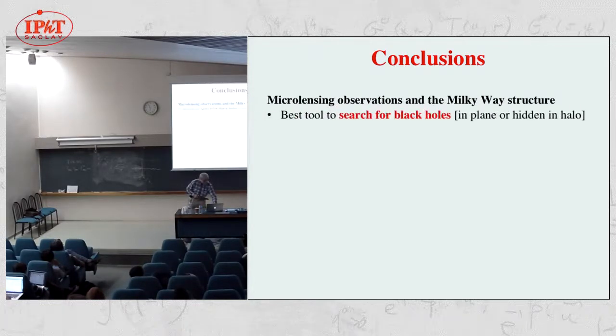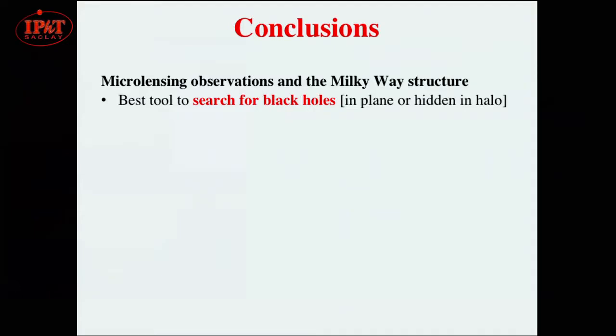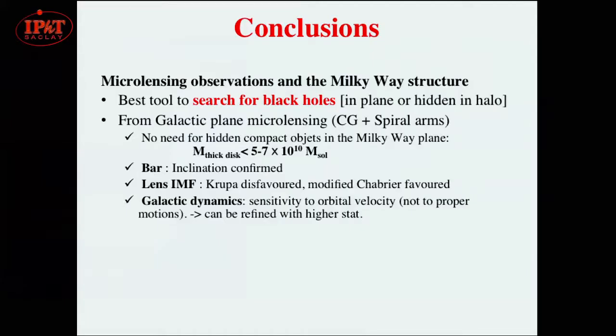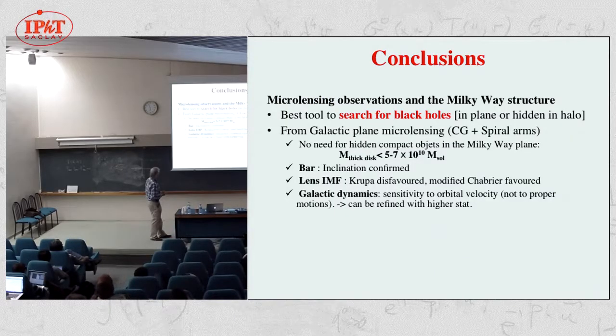I think that microlensing is one of the best tools to search for black holes in the galactic halo, maybe in the plane, but most probably in the halo. And from the galactic plane microlensing, we see that there is no need for hidden compact objects.